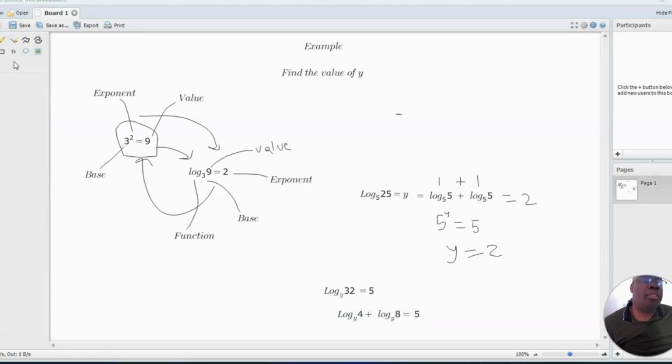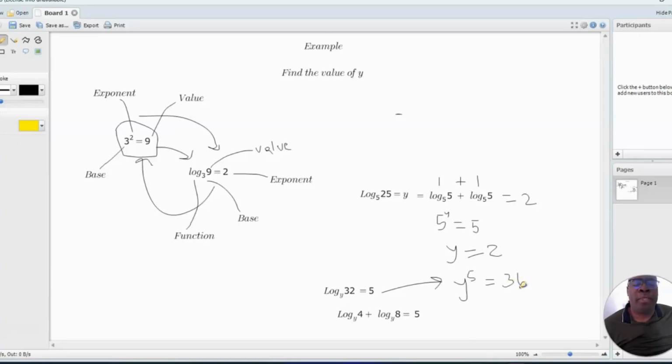Now this seems to be a bit challenging, isn't it? We could ask ourselves the question. Alright, let's say we rewrite this one then as, because we know that y is the base, so we can set it up, and we know that the number out here is the exponent, so that 5 is the exponent, and then we know that 32 is the value.